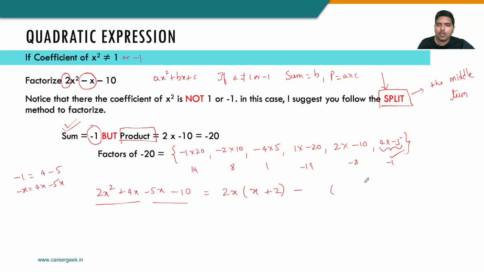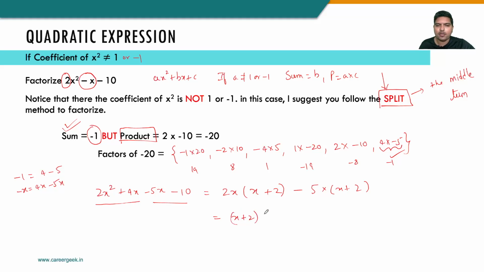Now your job is to get x plus 2 over here. Same x plus 2 has to come from the second part also. Now what needs to be taken common so that x plus 2 remains? As you can see, you just take -5 common. Okay, -5 multiplied by x plus 2.